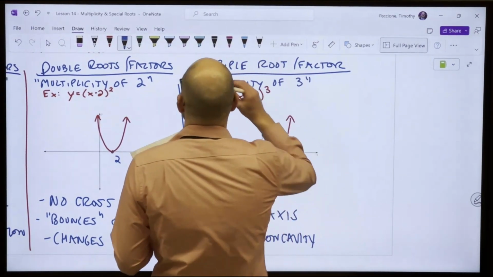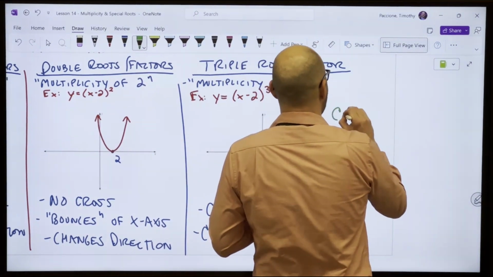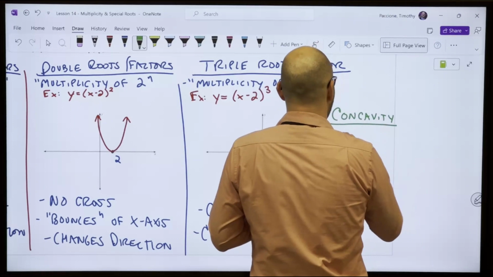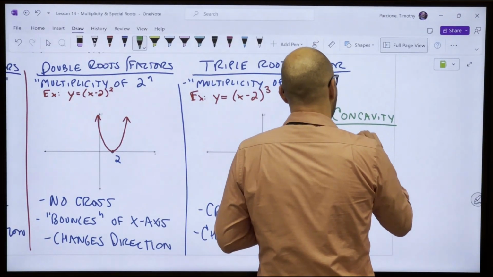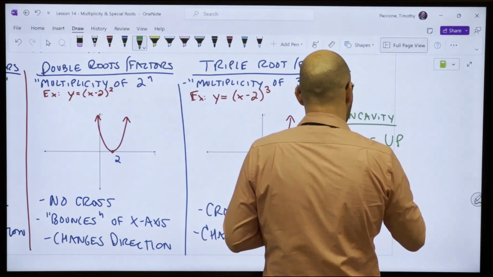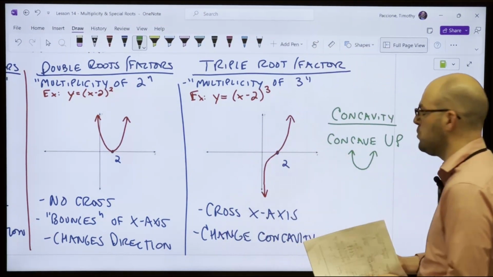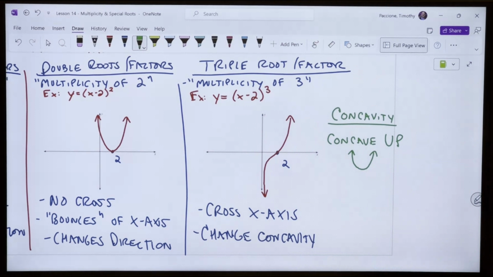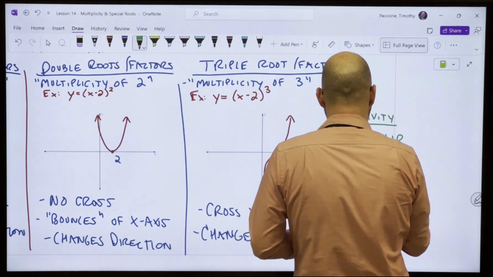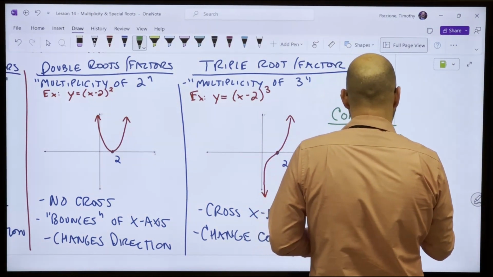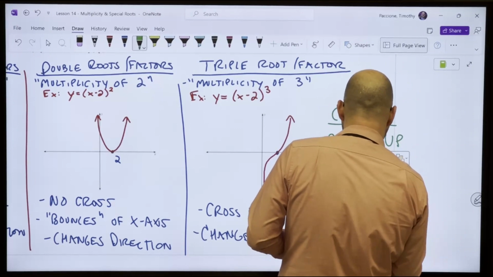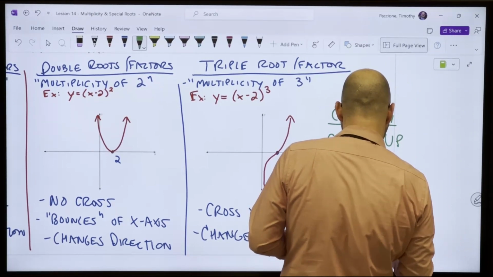All right, so let's talk about the word concavity. Do that over on the side here. Concavity. So you can either be concave up, meaning like you could hold water. If you're concave up, the curve is facing up. Or concave down, and like the water would fall out, right?